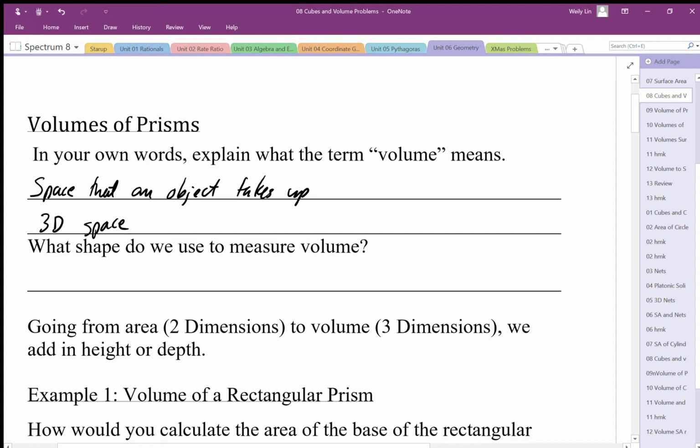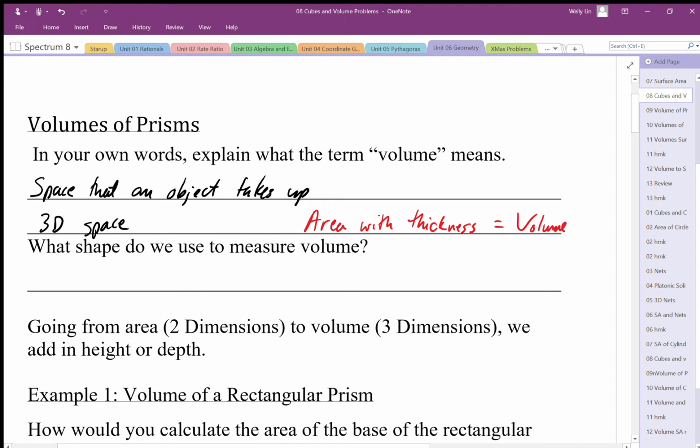What I would like you guys to think of volume is, in general, mathematically, we think of volume as area that has thickness. So area with thickness is how we generate volume.